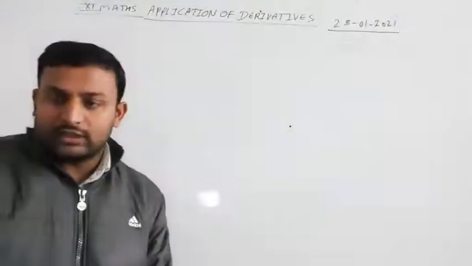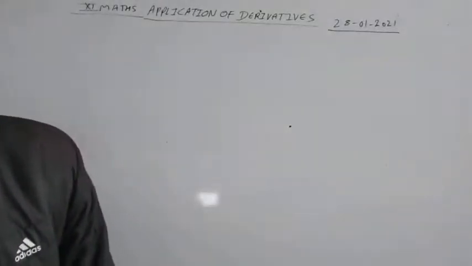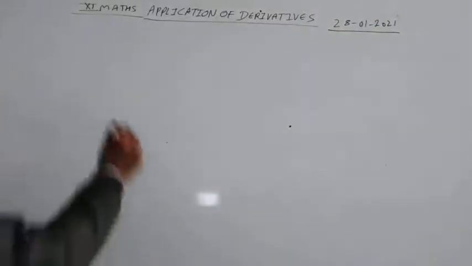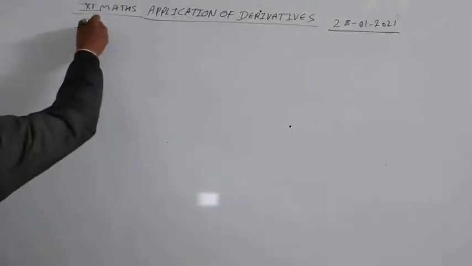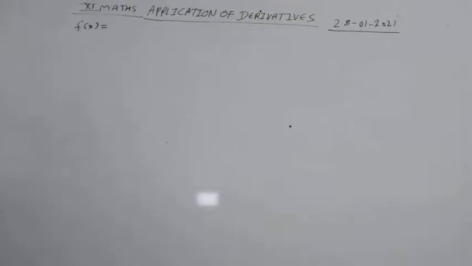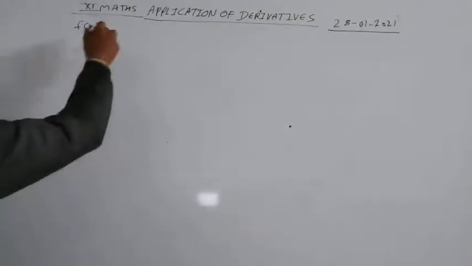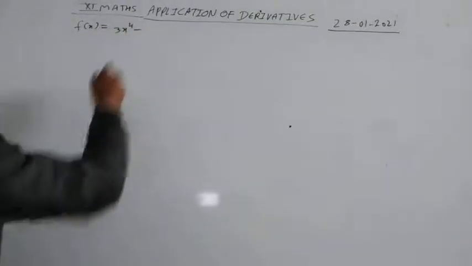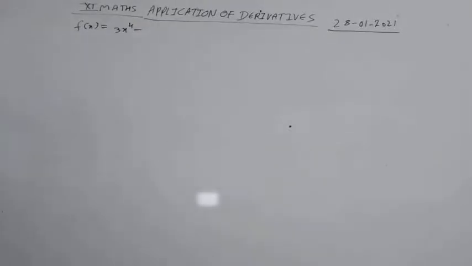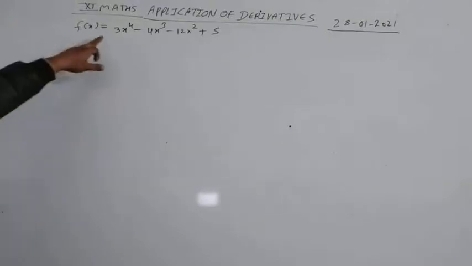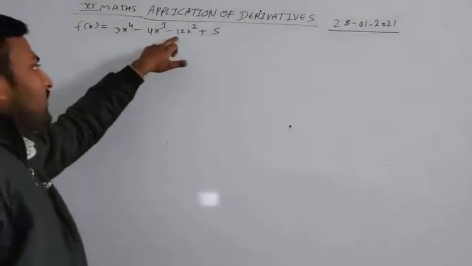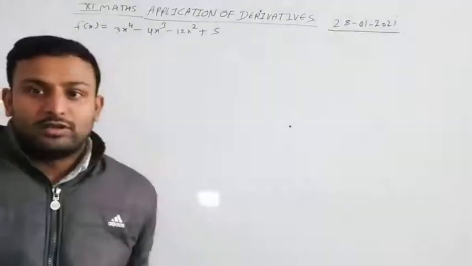So first question is, find the interval in which the function f(x) is equal to 3x to the power 4 minus 4x cube minus 12x square plus 5. So this is our question.